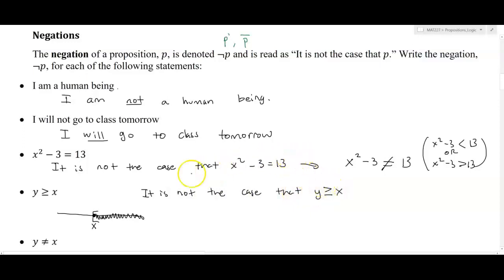So what would be the negation of that? Well, if it's not greater than or equal to x, the only other possibility is that y is less than x. This parenthesis indicates that it cannot be equal to x, but it can be less than x. So if y is not bigger than or equal to x, that means y is less than x. That's the only other possibility.